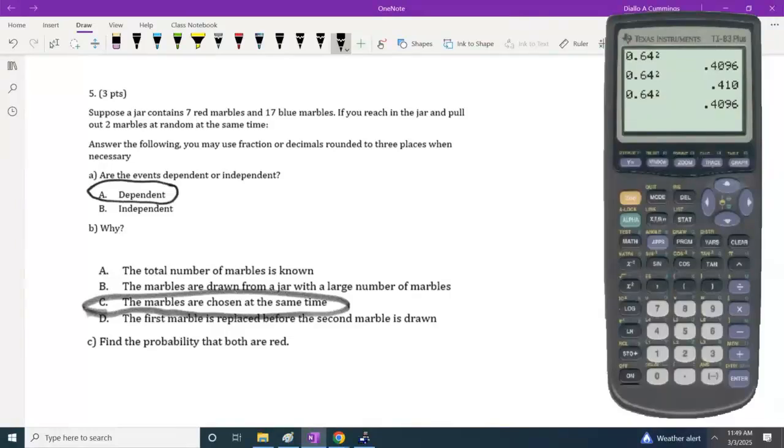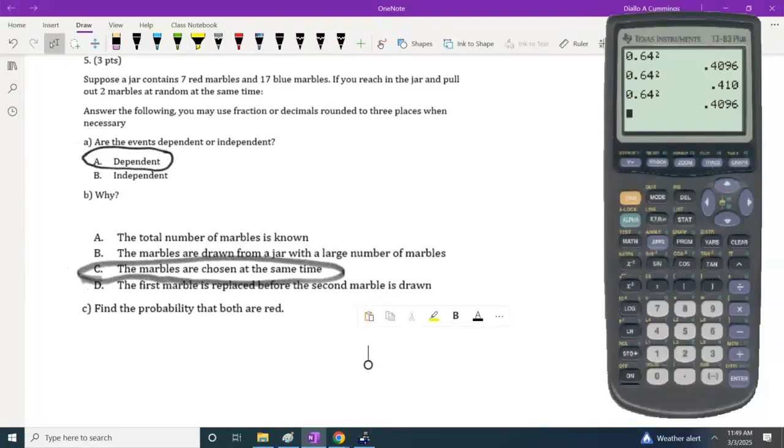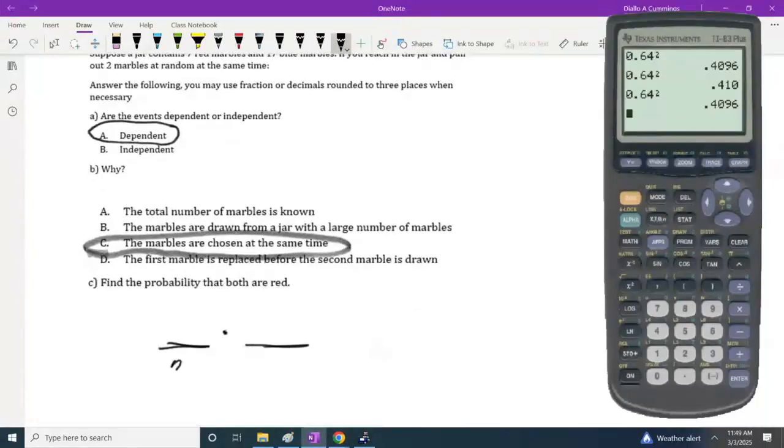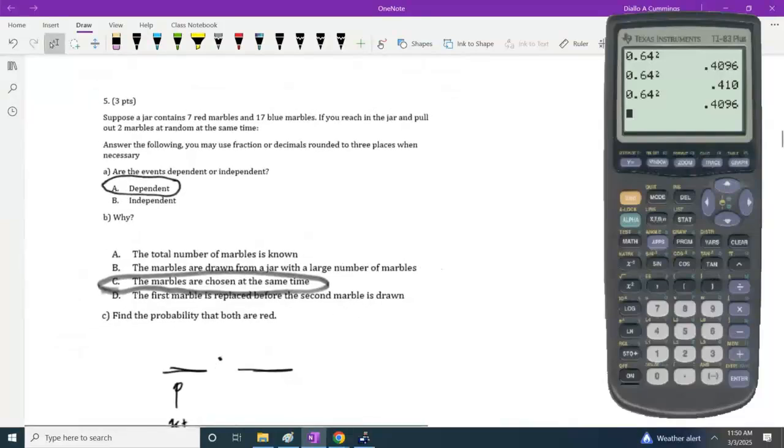C says find the probability that both marbles are red. So we're pulling 2 marbles out of the jar. So we're going to map out 2 outcomes. So 7 over 24 and 6 over 23. Right. So the first, well, if I go back, okay, so we have a total of 24 marbles, right?